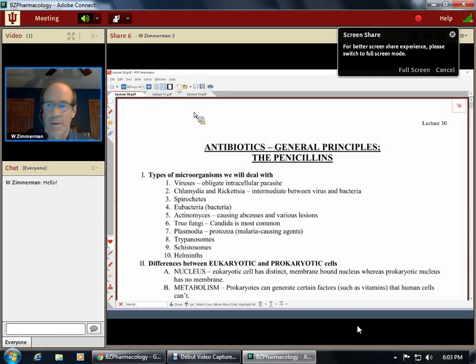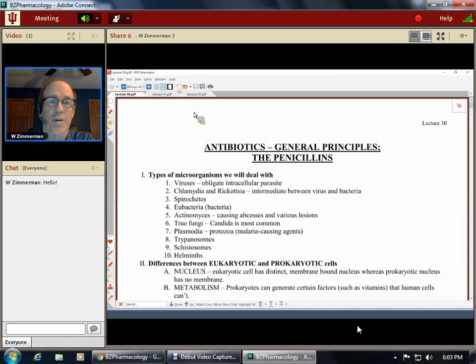Okay, but one other adjustment here. Look at the antibiotics, the type of microorganisms we're going to be dealing with. We will certainly be looking at the viruses, and unfortunately that used to be 2 pages in the huge Pharm book, Goodman and Gilman's.